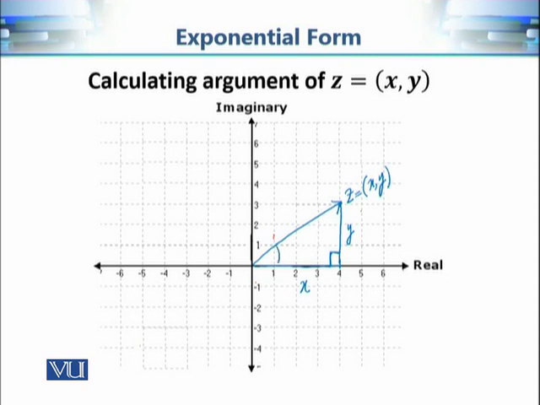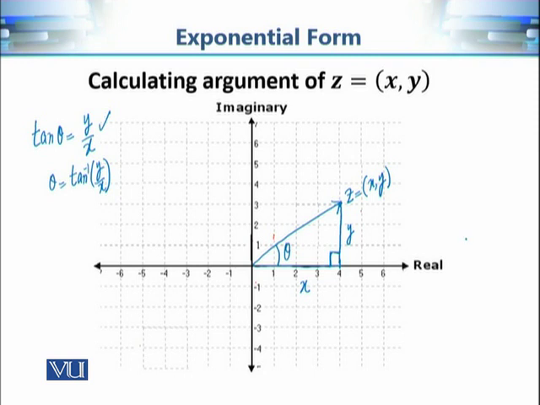Now if I want to know the value of this angle, then I can use the following relation. So tan theta is equal to y over x, and so theta is equal to tan inverse y over x.